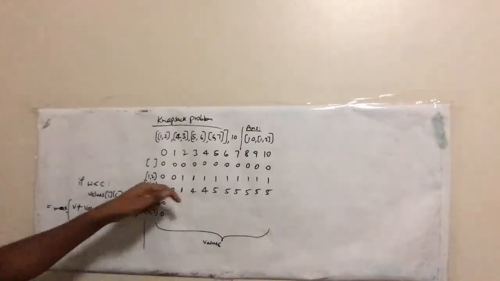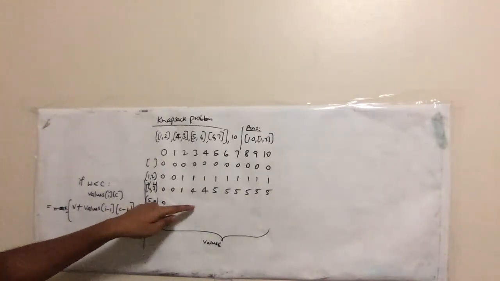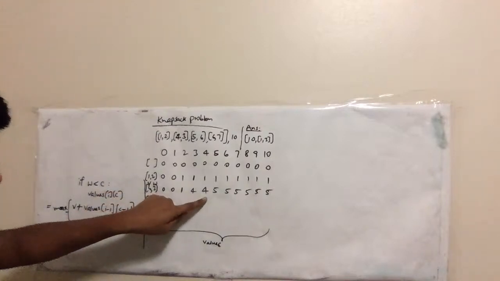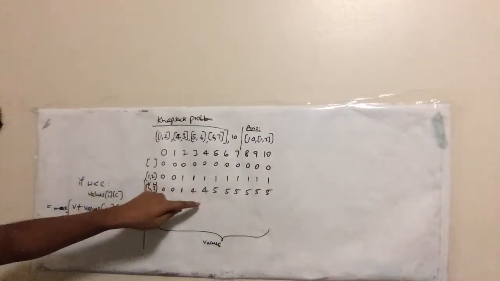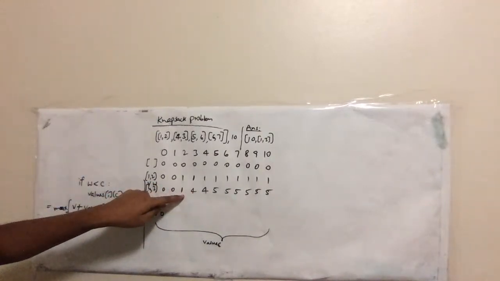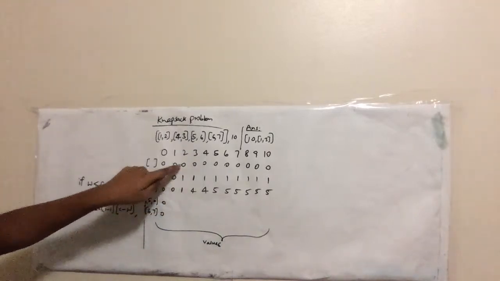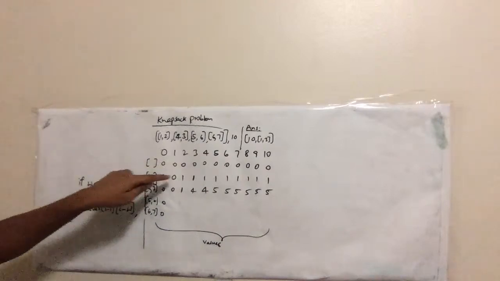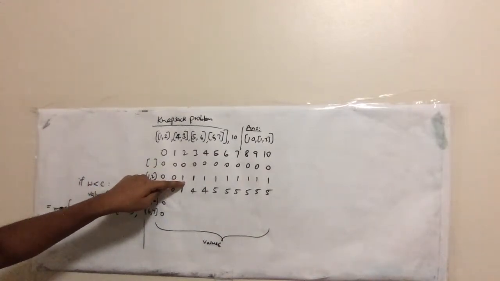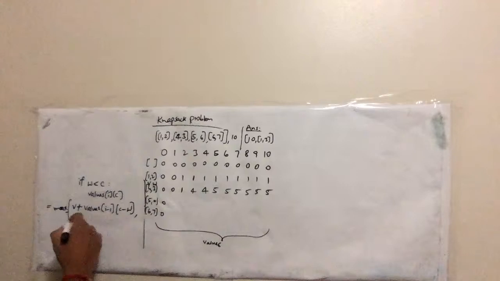Or if we are not going to consider this item, we are just going to put the above item, and the value which was produced by taking that item, and keep that value here. So just i minus 1.